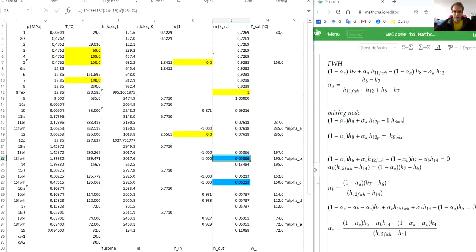So alpha B is, let's remove the highlight first. Alpha B is 1 minus alpha A times H7 minus H6, and this is divided by H12 feedwater heater.